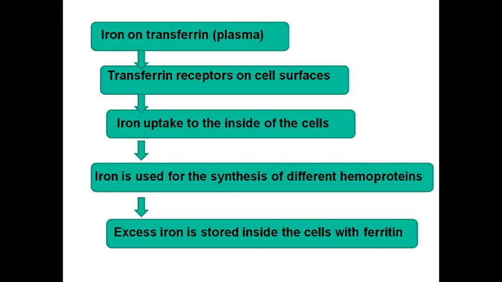Iron inside the different cells will be used for the synthesis of different hemoproteins mentioned before, and the excess iron will be stored inside the cells in the form of ferritin.